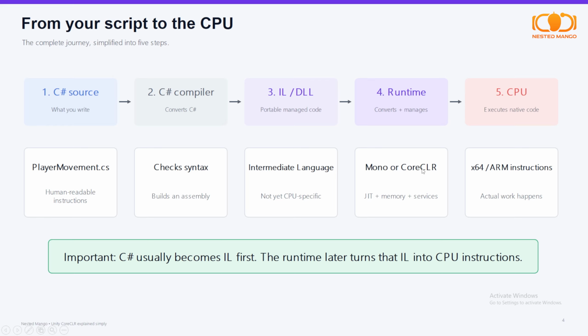Why? Because Core CLR is the latest and much more powerful than Mono. After that our CPU runs it. A few interesting things I am going to share with you: the compiler first produces the IL, and the runtime later turns that IL into CPU instructions. This process is always the same, just here we are changing. Earlier it was Mono, now we are replacing it with Core CLR.